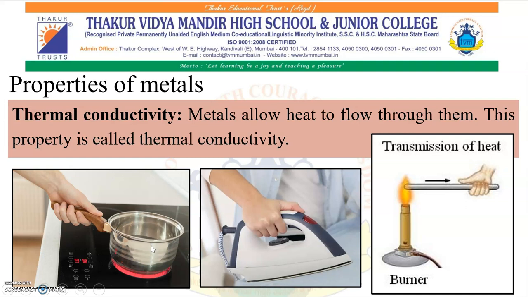It conducts heat so that you can cook food. Now look at this very carefully. The handle is covered with a layer of plastic or wood. Why? Because they are bad conductors of heat. They won't allow heat to pass through them, so that you can hold it very easily when the vessel is hot.